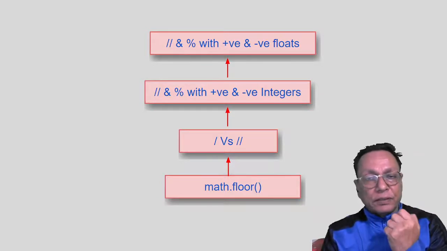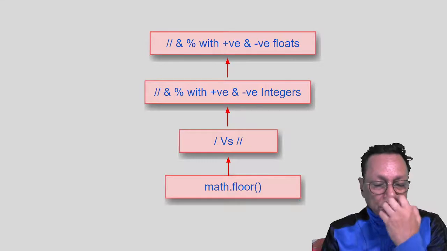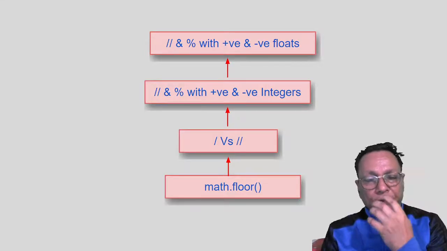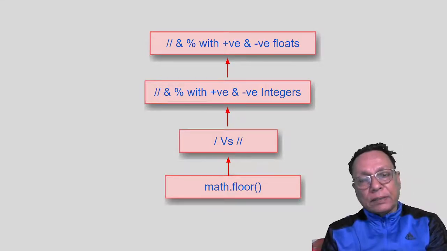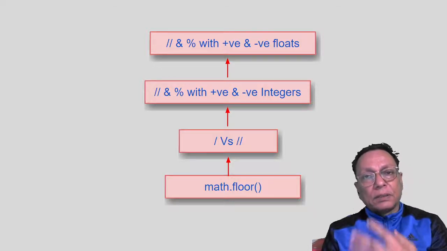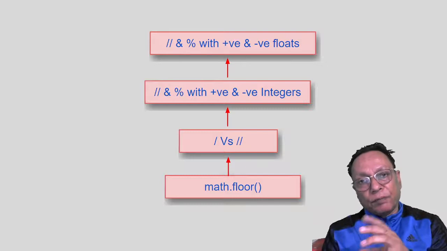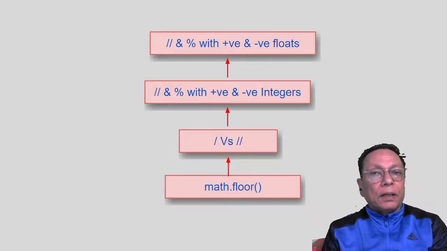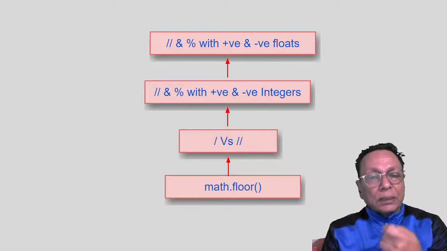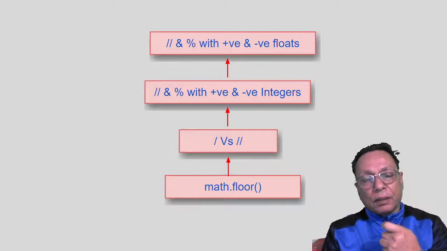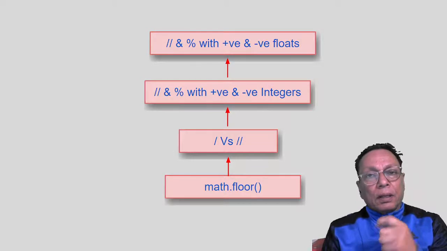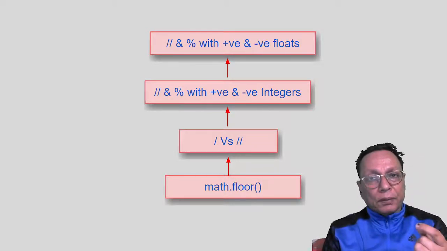What happens in floor division? When you divide any number by the divisor, and you get a fractional value, it always gives you a value less than or equal to the integer value.